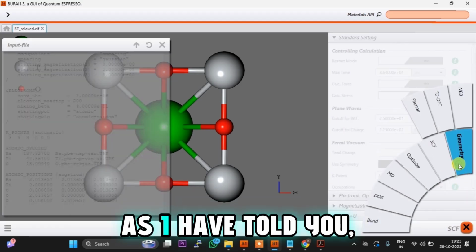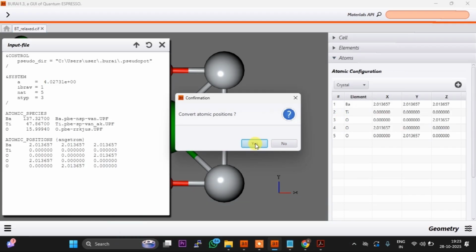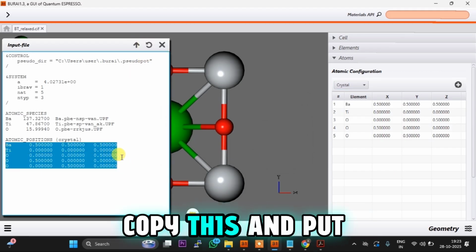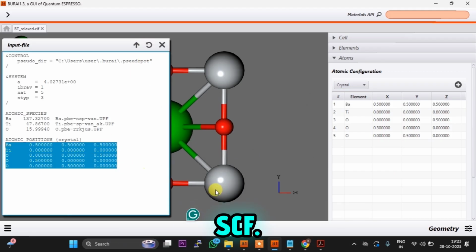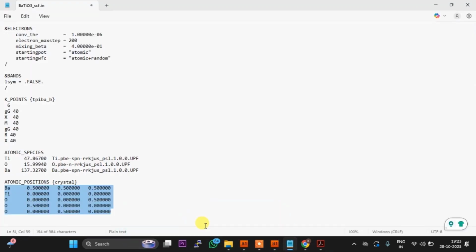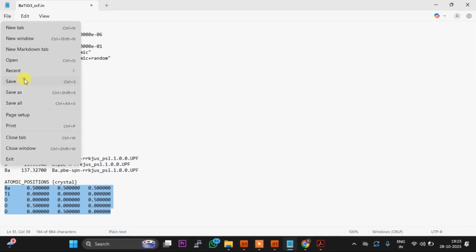As I have told you, you should always do this in crystal, refresh it, copy this and put this in your new SCF. But after the relaxation for BaTiO3, atomic positions have not changed, so we are going to keep that.